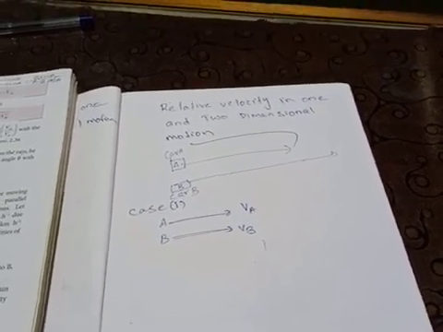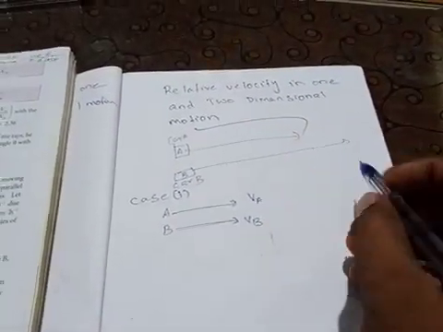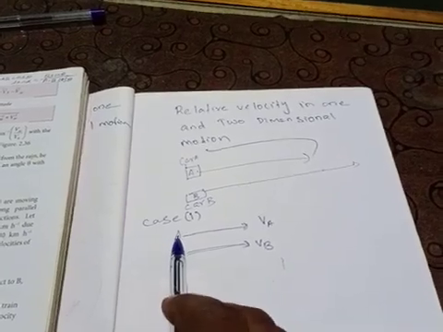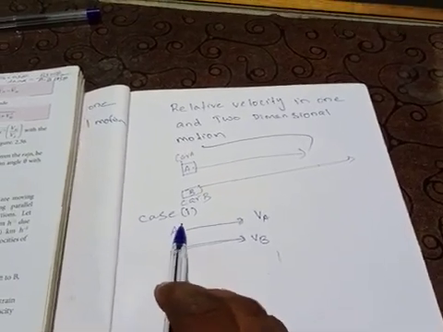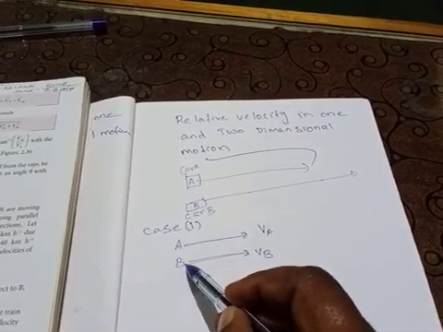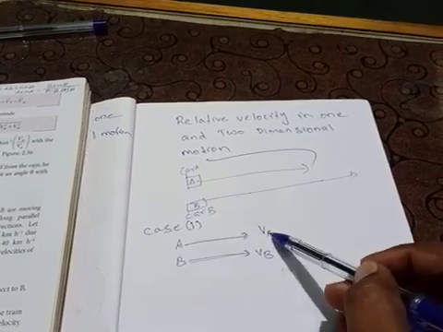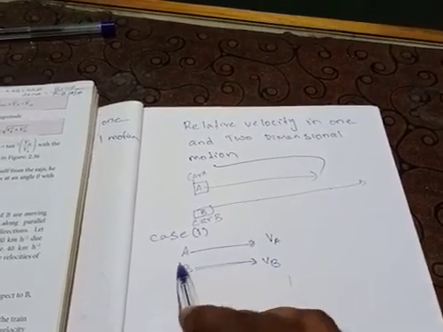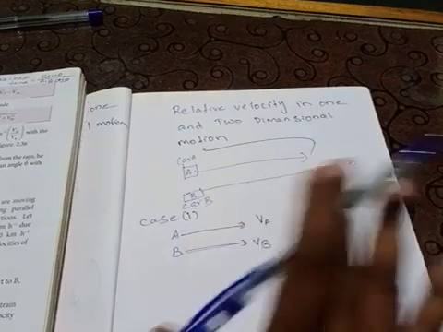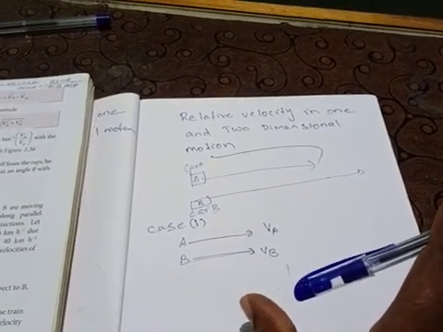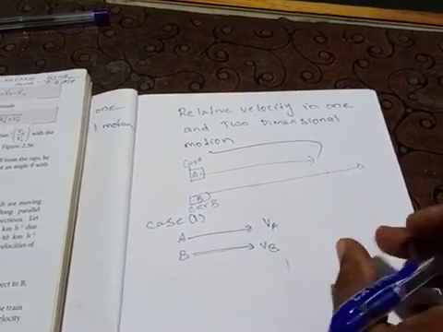This is one example. First case: consider two objects A and B moving with uniform velocities along the same track in the same direction. So VA and VB are with respect to the ground.